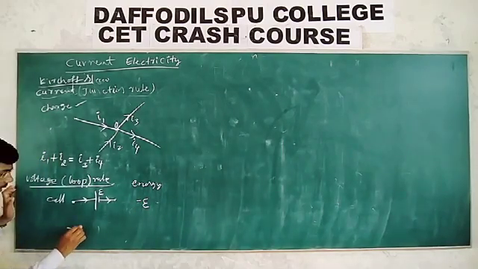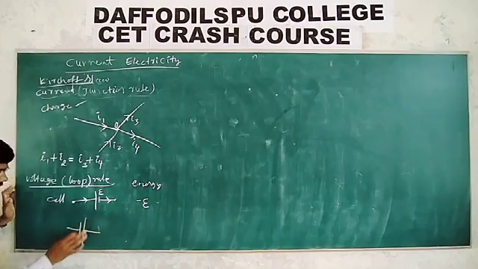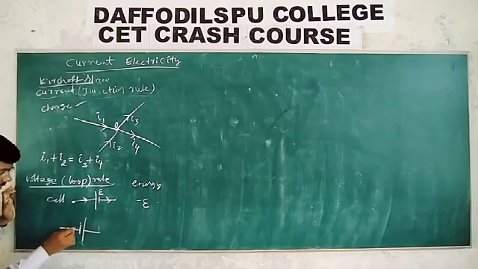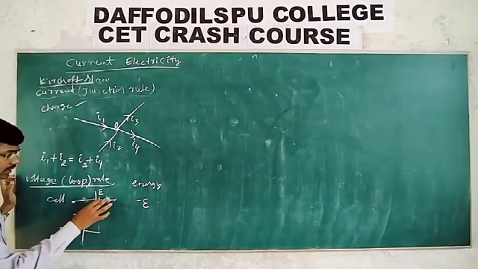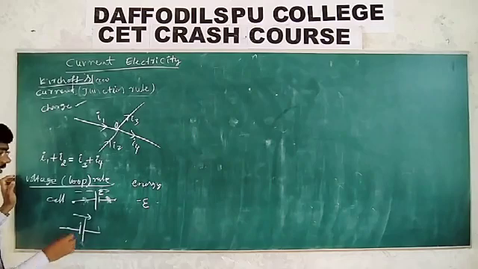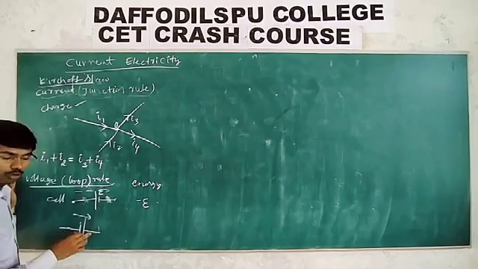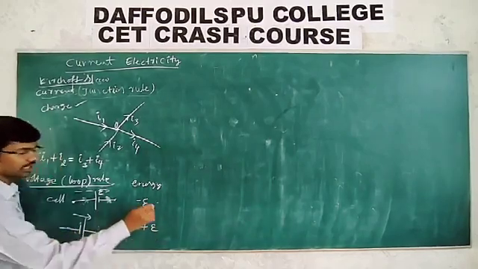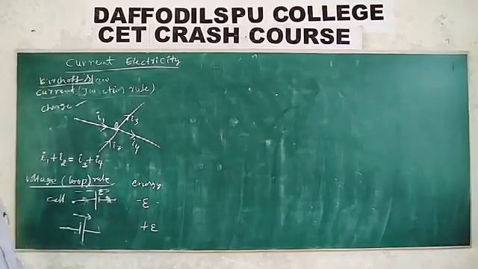Whereas when you move from negative to positive, we take the EMF as plus E. It is independent of the direction of current; we just have to observe the direction of movement.